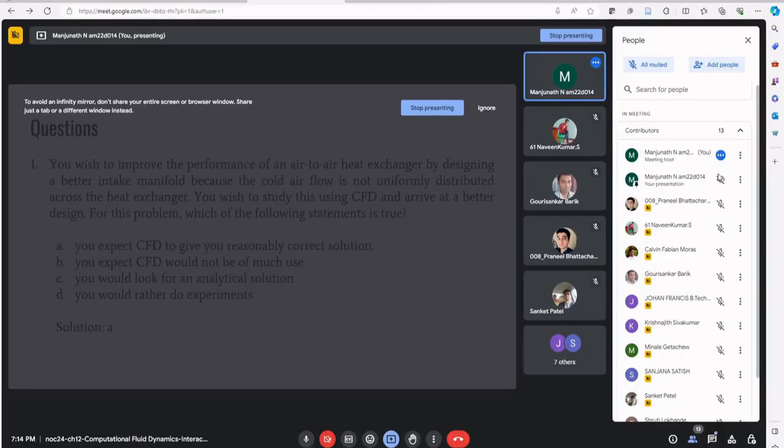Here in this particular case, it is an air-to-air heat exchanger, and we are taking an intake manifold. The problem is well known, it's been done for many years.